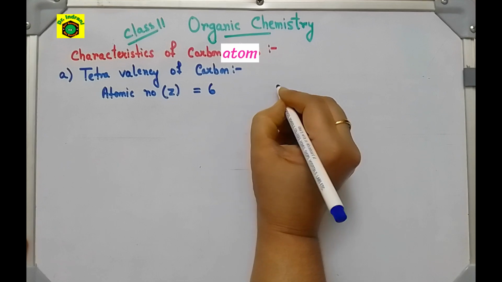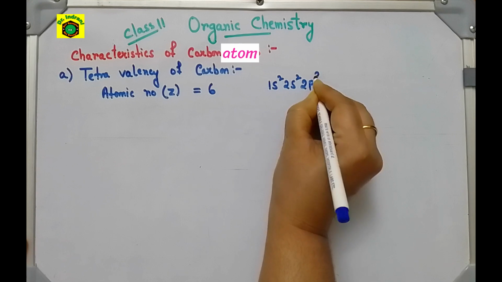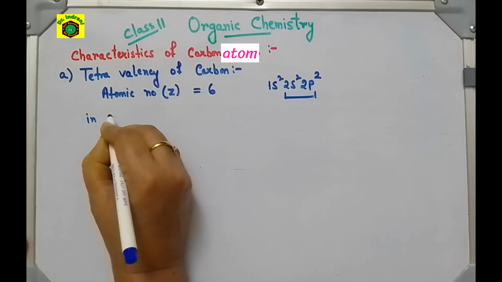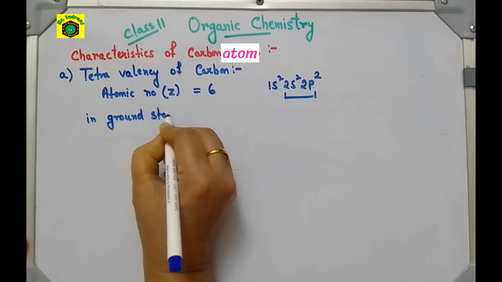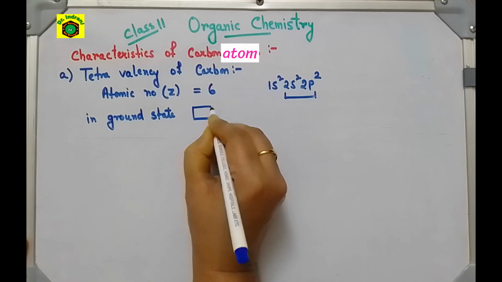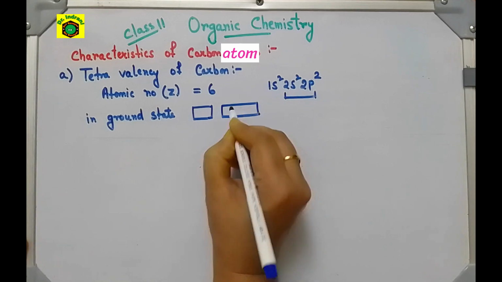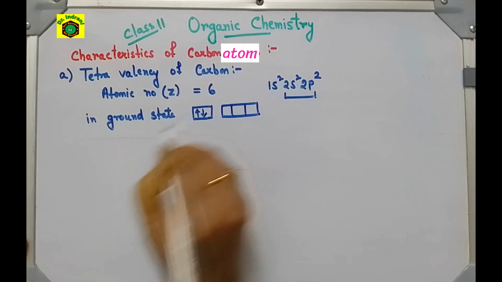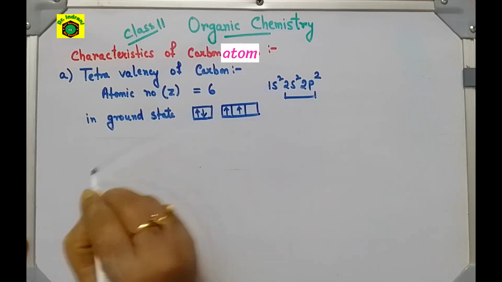So its electronic configuration will be 1s2, 2s2, 2p2. This is valence shell. Now in ground state, valence shell electrons are distributed how? 2s electrons are there and 2p electrons are there. So here 2s electrons are there like this, paired, and 2 unpaired electrons are there.